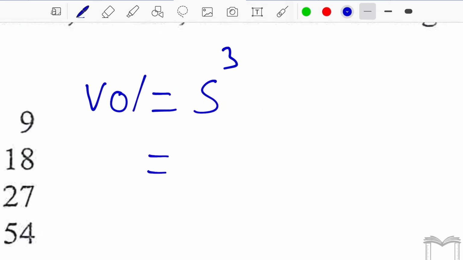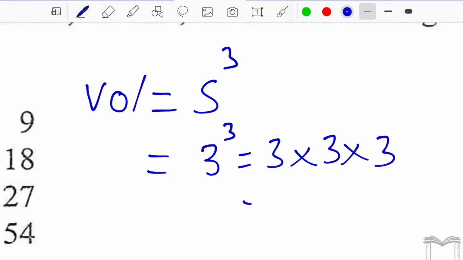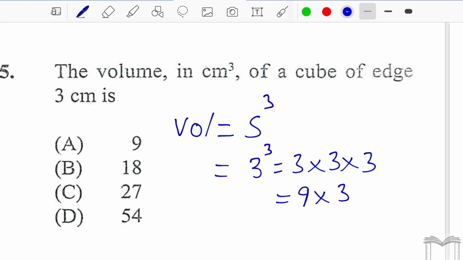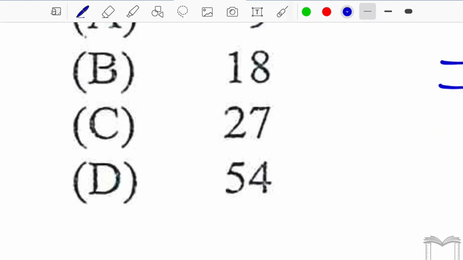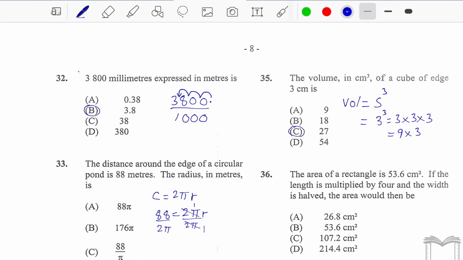They give us that the side or the edge is 3, so that's 3 cubed, which is equal to 3 times 3 times 3. 3 3s are 9. 9 times 3 is 27. So that's 27 centimeters cubed as your answer.